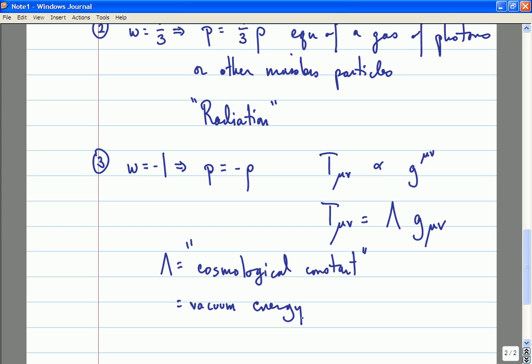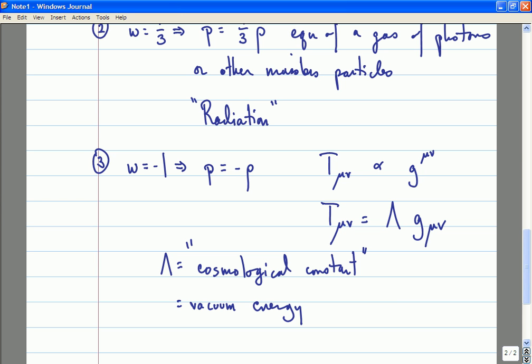So this is a very special sort of matter. It's qualitatively different from the other sorts of matter that we will consider in this course, in that we don't have any examples of matter with this equation of state here on Earth for us to study.